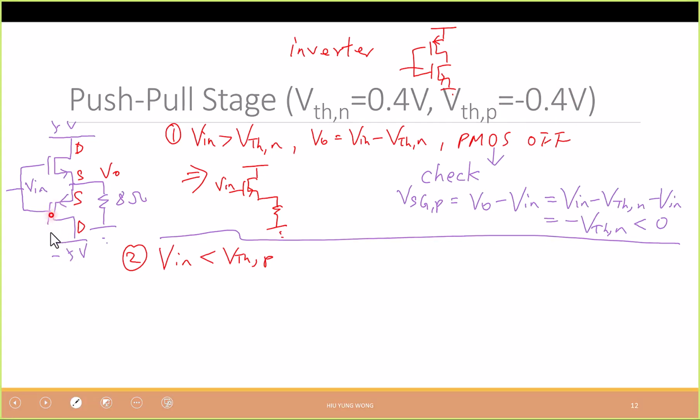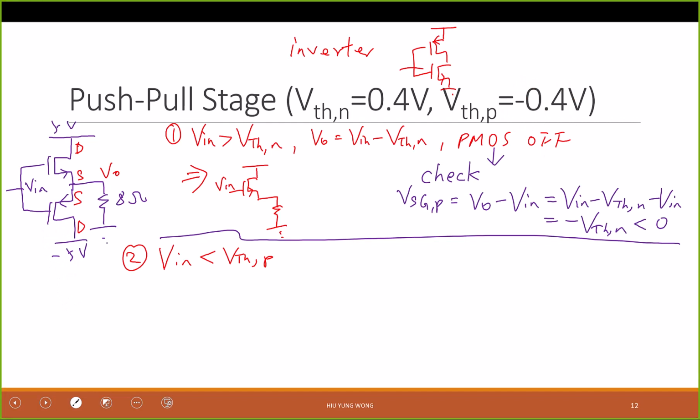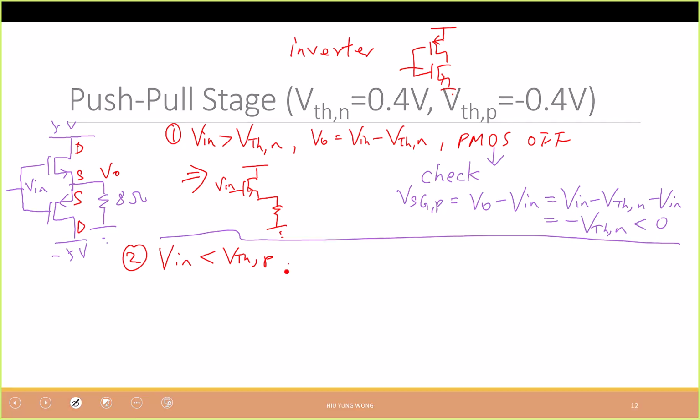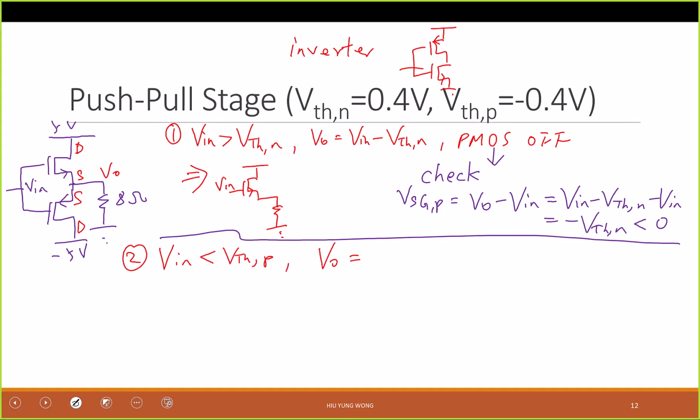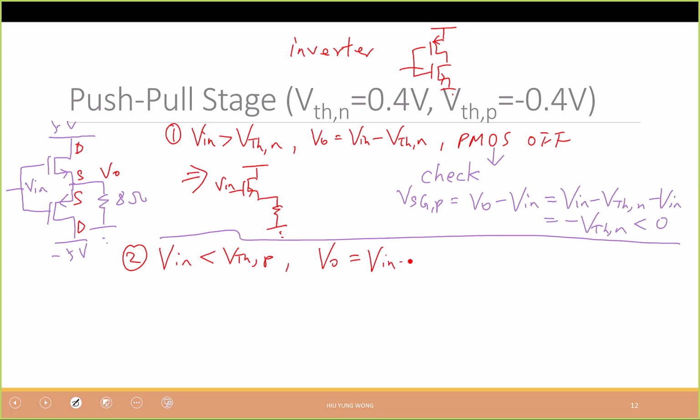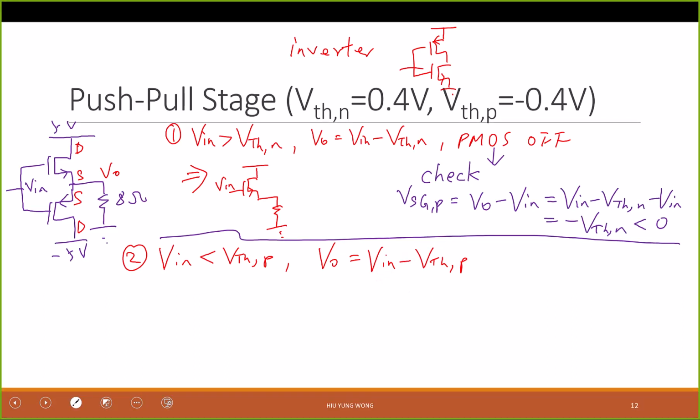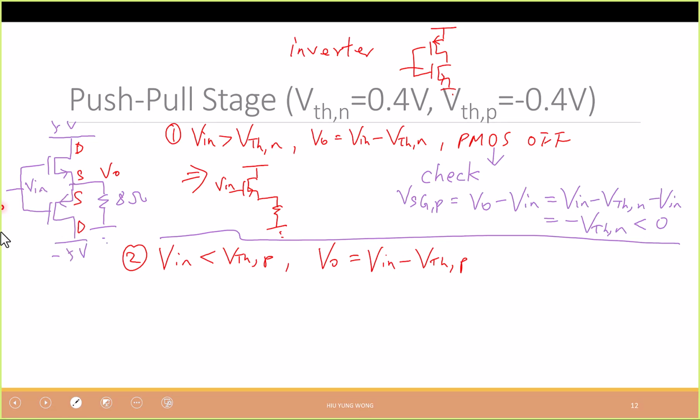So I come from negative 5, negative 4, negative 3, negative 1, negative 0.5, negative 0.4. All these are less than negative 0.4, right? What happened? I claim that V out is still equal to V in minus VTHP. Now, because VTHP is negative, basically V out is higher than V in.